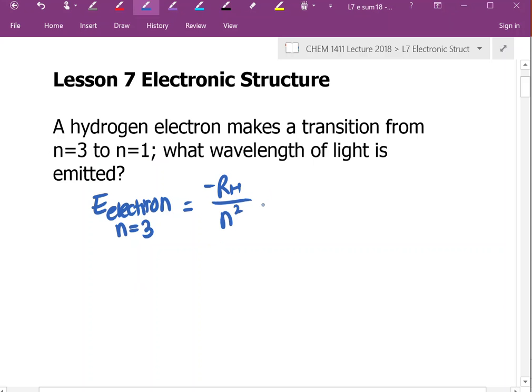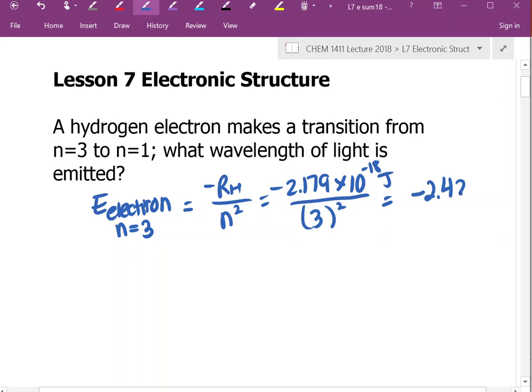N, of course, is 3, and this is Rydberg's constant. These are negative values. That's because they're more stable than when the electron is totally away from the atom. And then we'll also do the same for n equals 1.